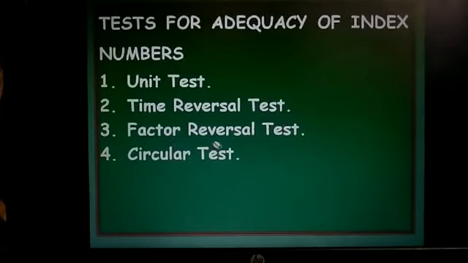Third one, factor reversal test. Fourth one, circular test. In order to identify the efficiency of any index number, we will have to apply these tests for adequacy to that particular index number. Fine. In brief, let us study all these tests in detail.